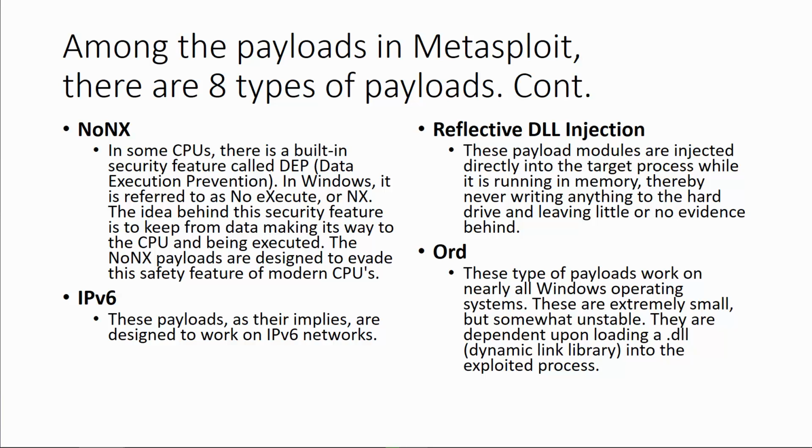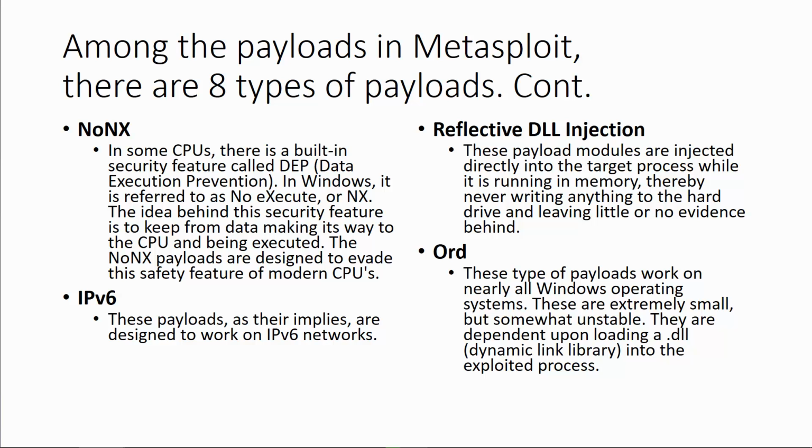NX payloads are designed to evade the safety features of modern CPUs, so they can be encoded in such a way that the CPU may not recognize them. IPv6. These payloads, as they imply, are designed to work on IPv6 networks.